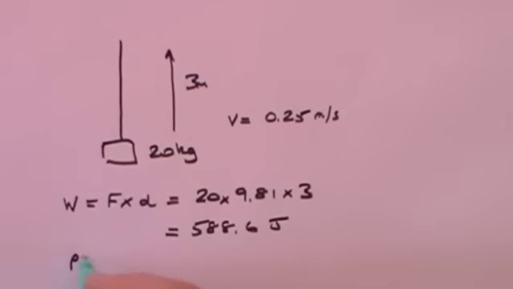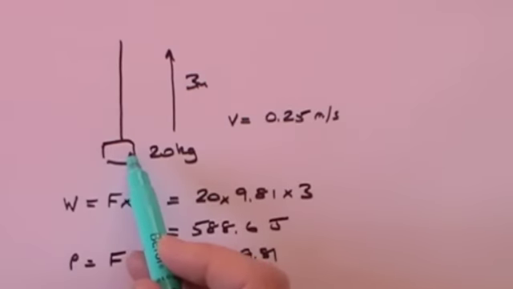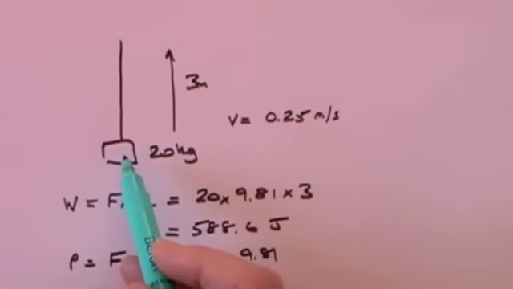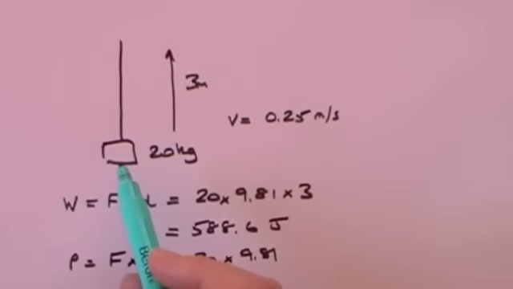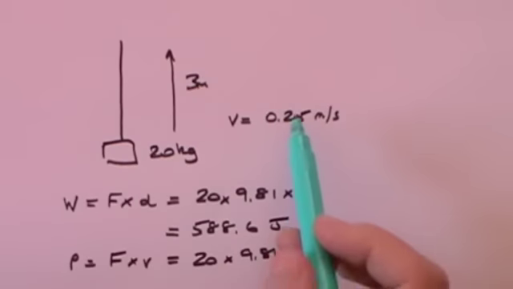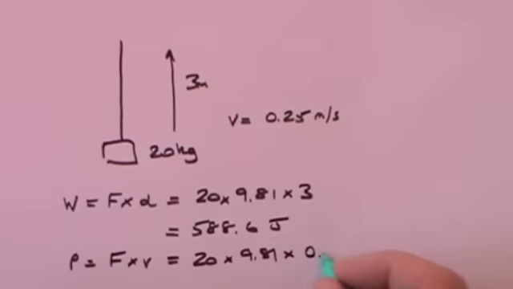And then power is force times velocity, which again is going to be 20 times 9.81, that's mg, the mass times gravity, which essentially I am opposing by pulling it upwards, multiplied this time by the velocity, which is 0.25, and that's going to give you 49.05 watts.